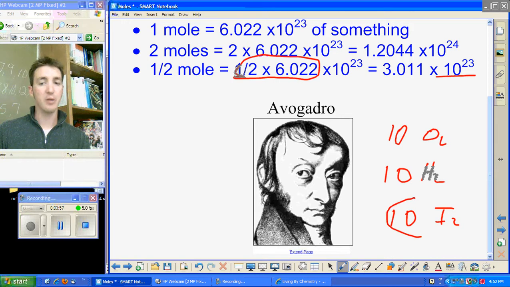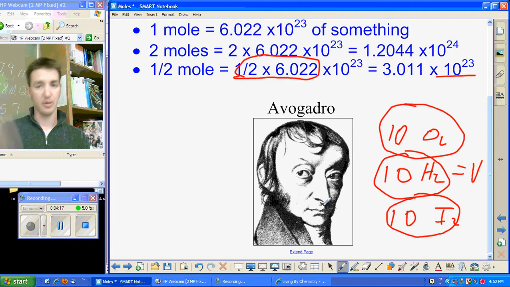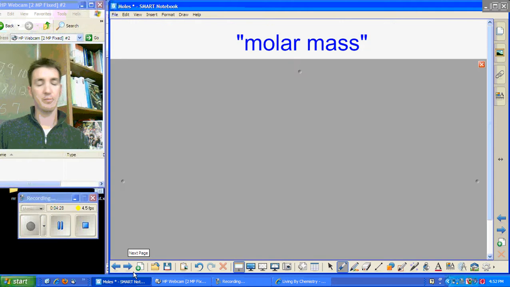But if they're all the same temperature and in the same room, so the air pressure is the same, all 3 of those balloons would be the same volume. That's what Avogadro worked with. 10 molecules of each would have the same volume. 100 molecules would all have the same volumes. And so they worked out the actual number that we should base this on. That was a mole. So Avogadro's number, instead of saying the whole 6.022 thing.